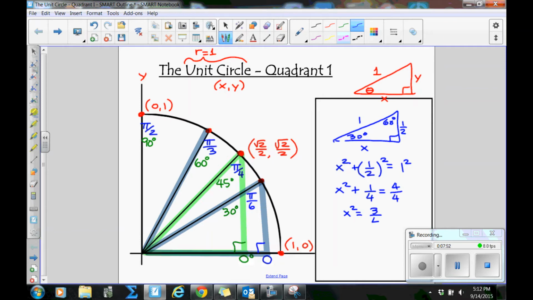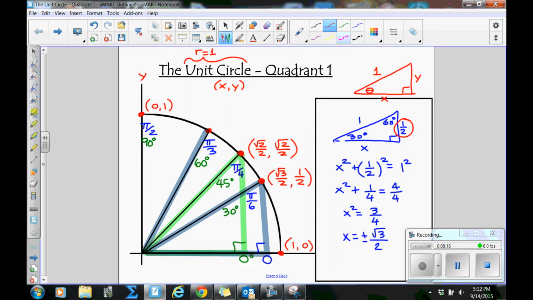Subtract 1/4. Take the square root. And in quadrant 1, we want a positive x value because of the positive direction. So my ordered pair right here for 30 degrees is root 3 over 2, while my vertical y value is 1/2.